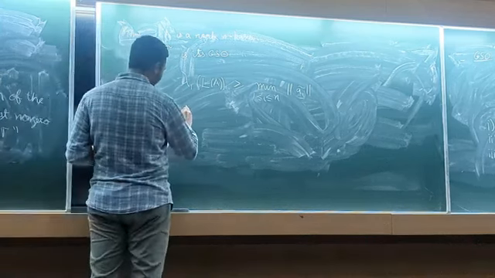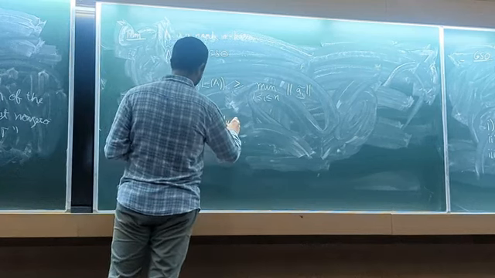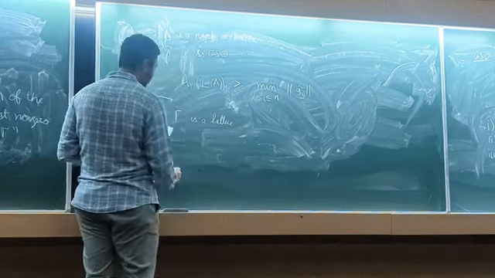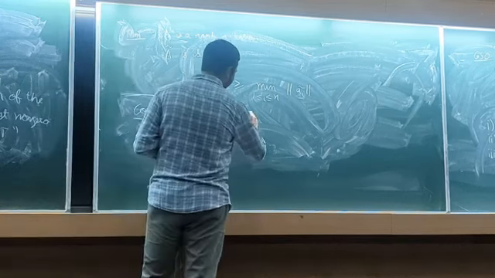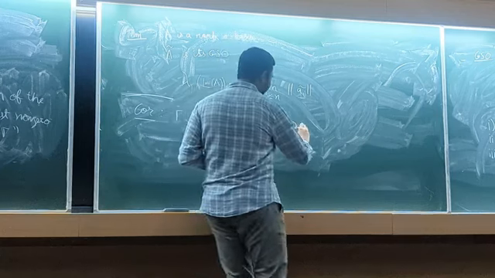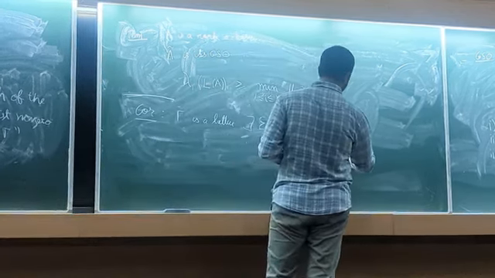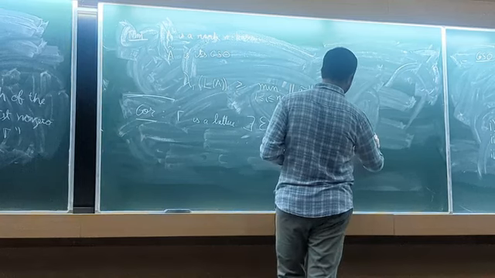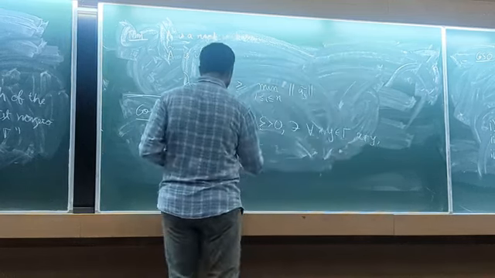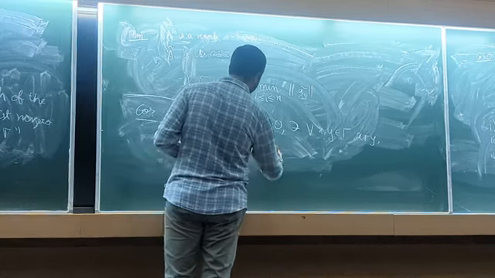So gamma is a lattice. Then there exists some epsilon greater than 0 such that for all distinct vectors in that lattice, they are at least epsilon apart.